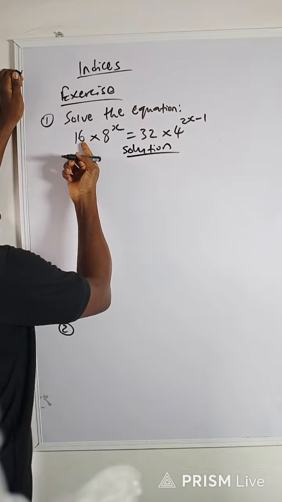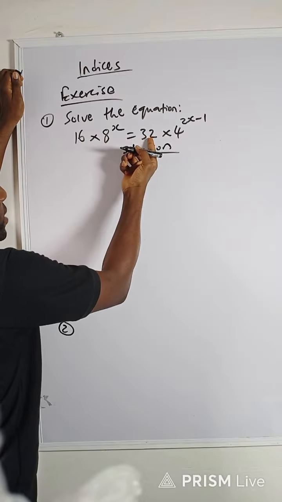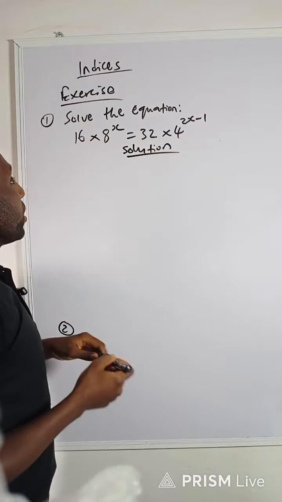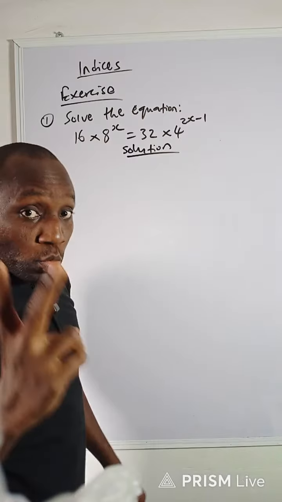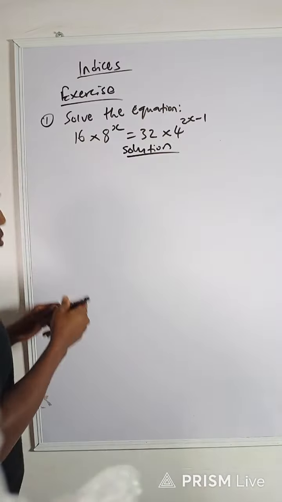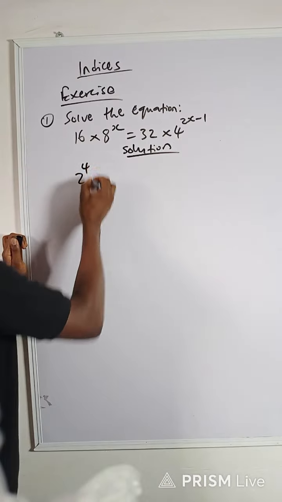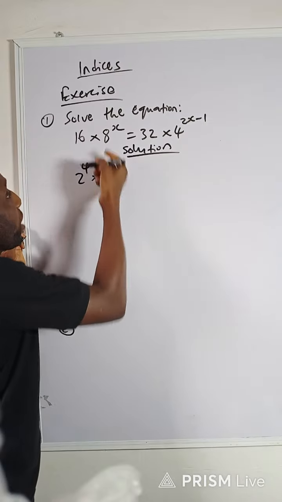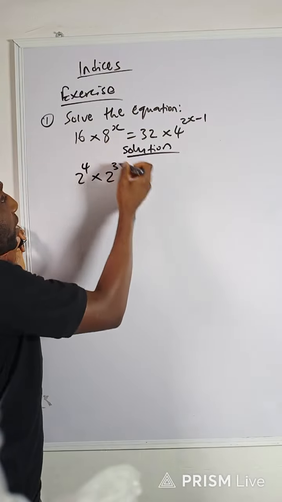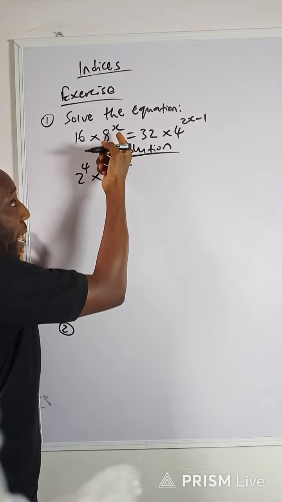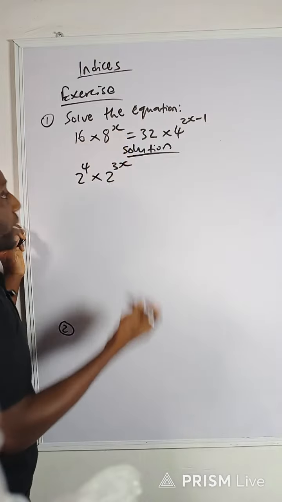So see, this is 16, 8, 32, and 4. I can make all of them have a common base of 2, right? So 16 is 2 to the power of 4. What about 8? 2 to the power of 3. But we have an existing exponent of x.